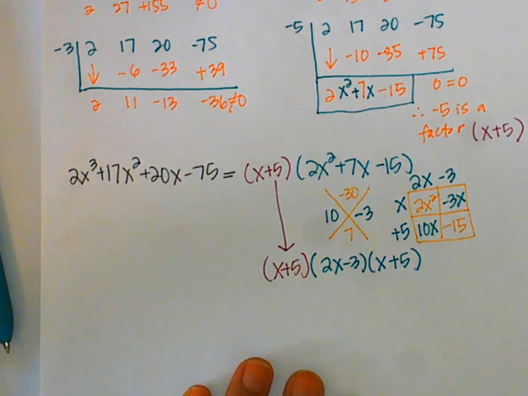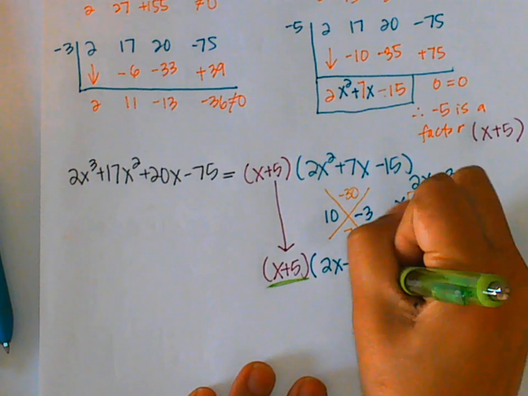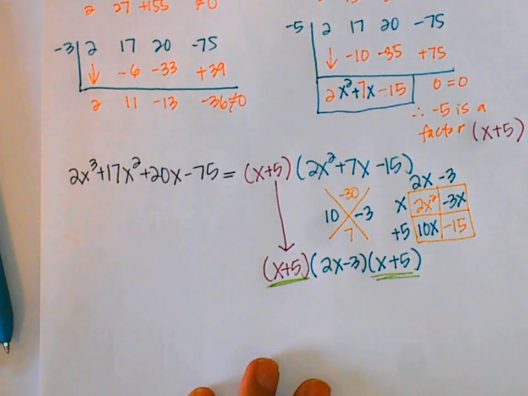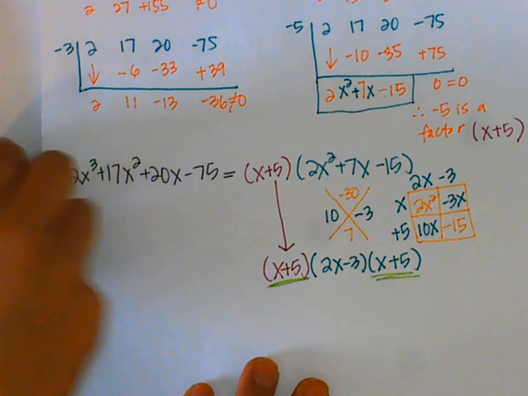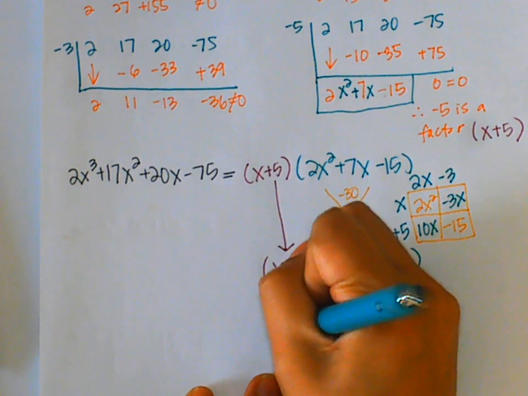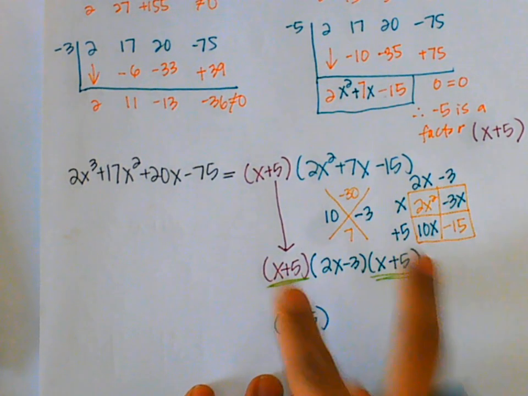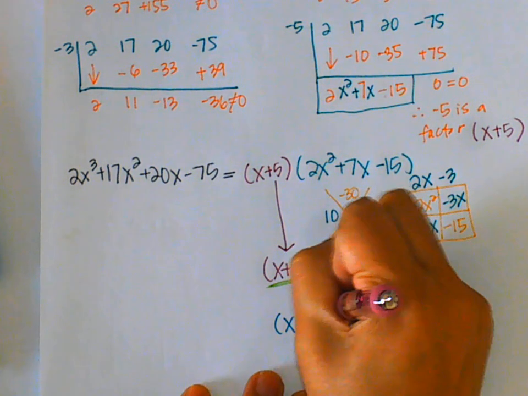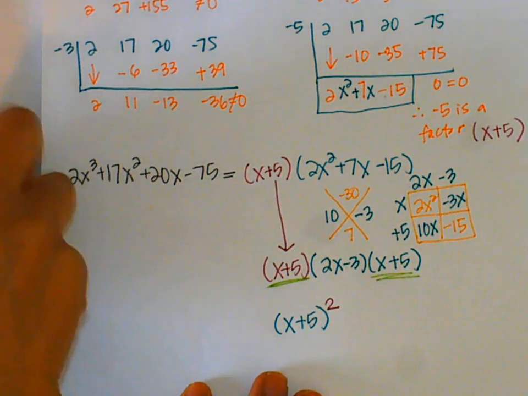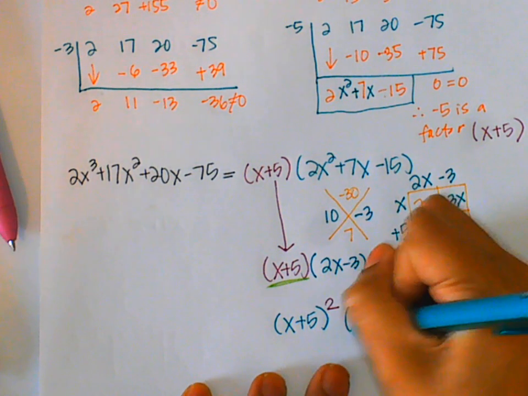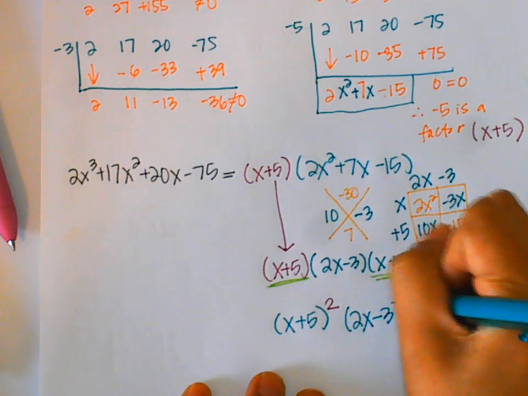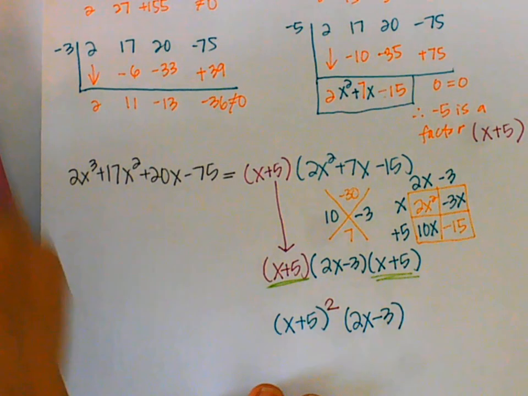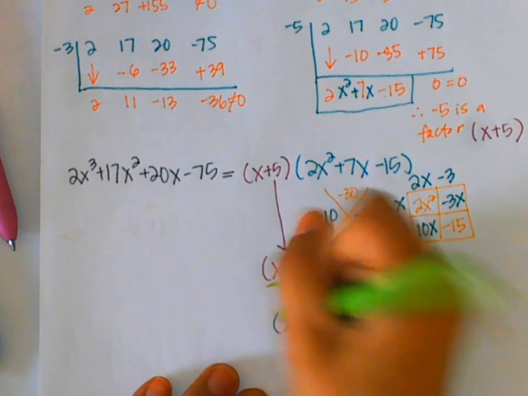Before I move on, I notice that I have an x plus 5 and an x plus 5. Those are technically like terms, so I am going to combine them. X plus 5, since I am multiplying two of them, that gives me an exponent of 2, so multiplicity 2. And my factored form is this.